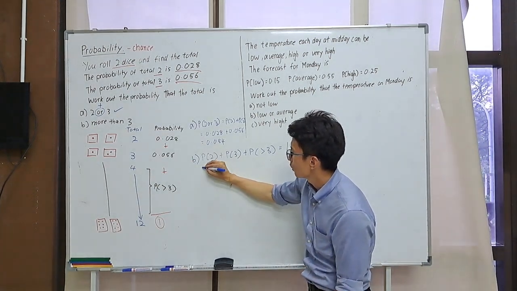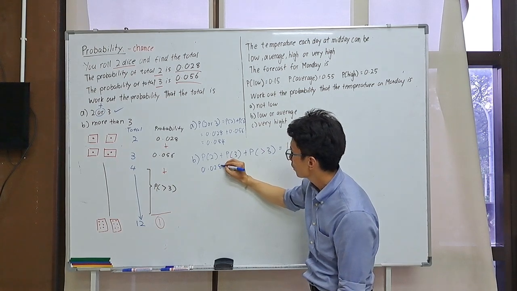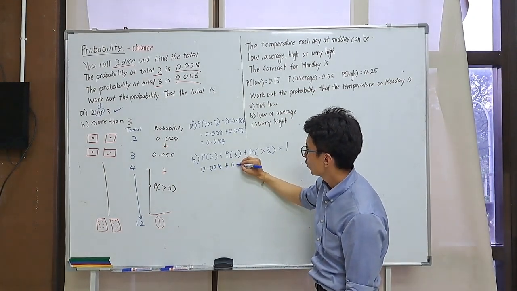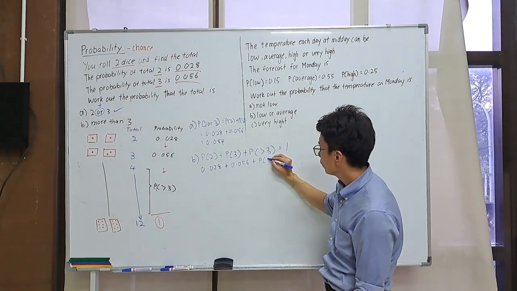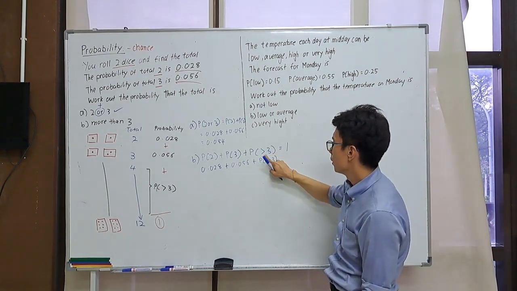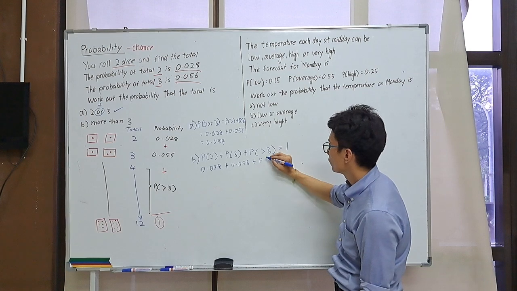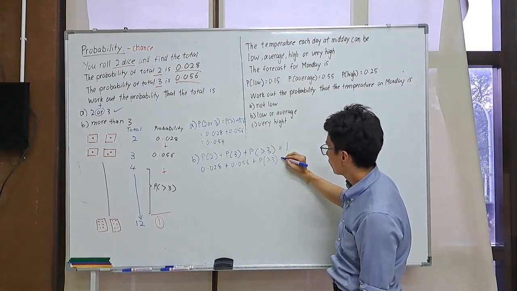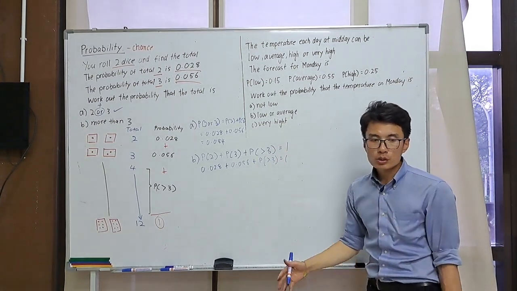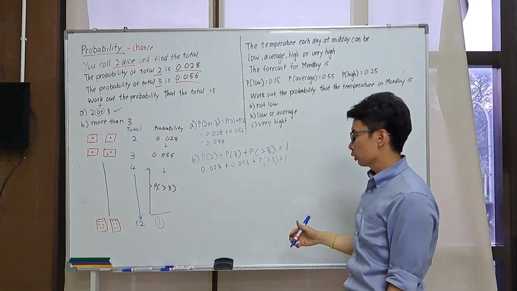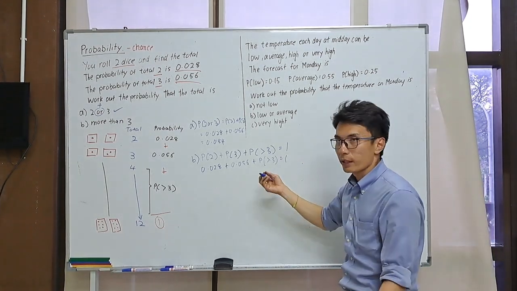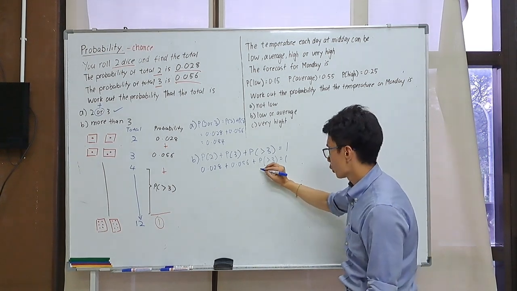So that is going to be 0.028 plus 0.056 plus my unknown here. This is my unknown because I'm interested to know what this is. Is equals to 1. So you are just going to solve this like any other regular algebra question.